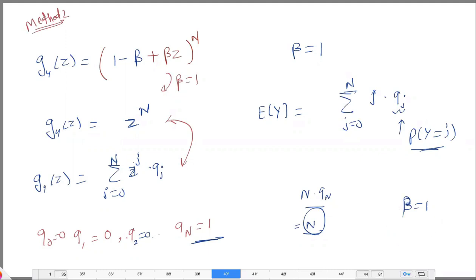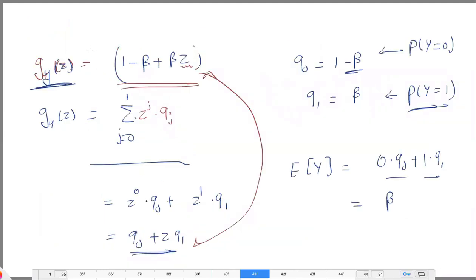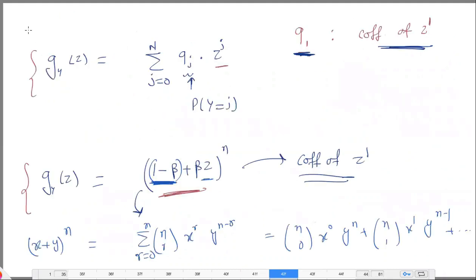Now there could be a method where we have plugged in n as 1. This is method 3. This is method 4, which is the longest method, where we have not plugged in anything. In method 1 also we have not plugged in anything. There could also be a method 5 where we have plugged in both β and n. Okay, so let's stop it here.